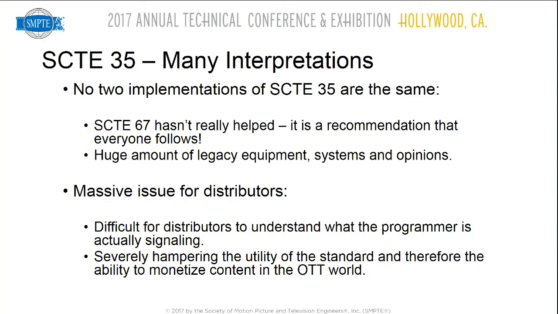There's a recommendation called SCTE-67, which was written specifically to help people understand and interpret the SCTE-35 spec, but candidly it hasn't really helped. It is a recommendation that everyone follows, yet they all come out with different results.